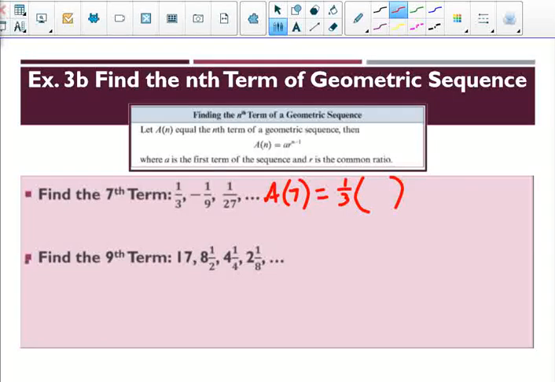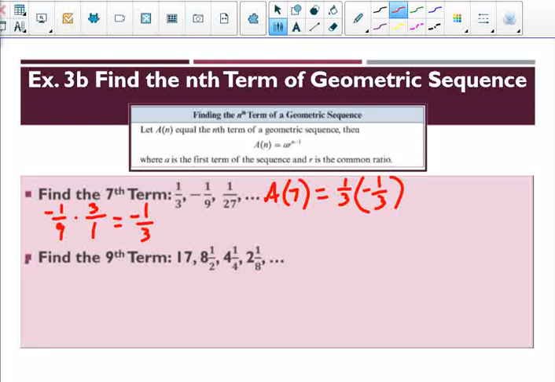Starting with the negative 1/9, I need to divide by the first term. Since the first term is a fraction, I'm going to multiply by the reciprocal, 3 over 1. This will give you a negative 1/3. So that would be my common ratio, negative 1/3.